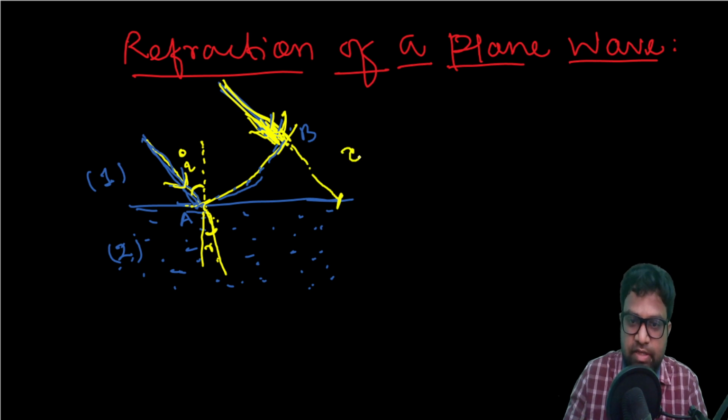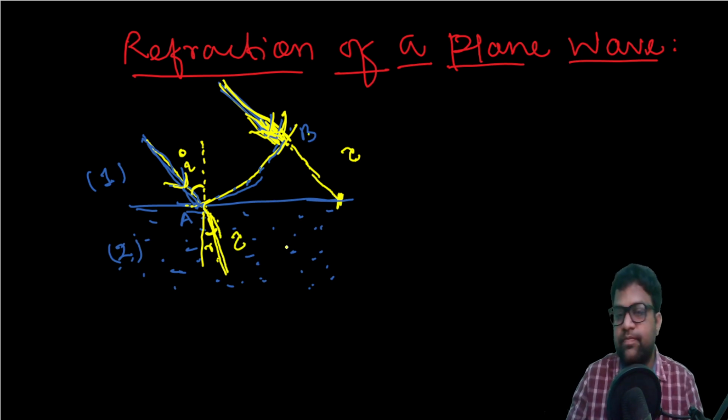Let's say it is taking tau time to reach here. So within the same time, ray A will go inside the medium, but at the same time tau, B will reach here.